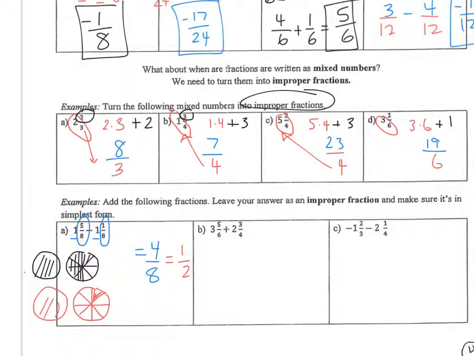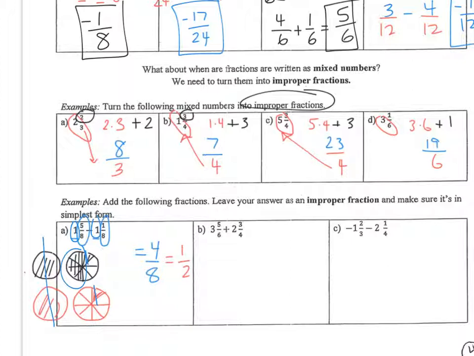So if I'm going to subtract 1 and 5/8 minus 1 and 1/8, these two would cancel out. And then I'm going to do 5/8 minus 1/8, which if you cancel these two out, you're left with 4/8, which is 1/2. That's how that works. That works like that when these two front numbers are the same.